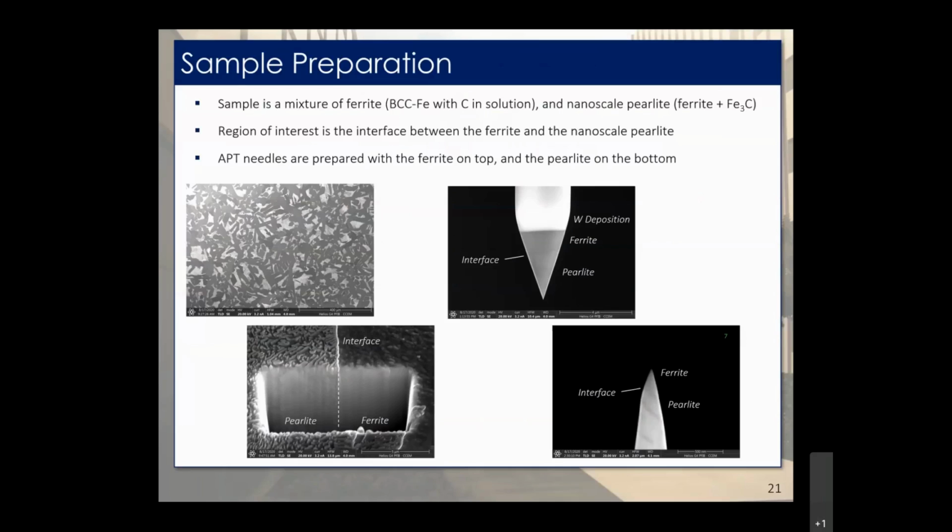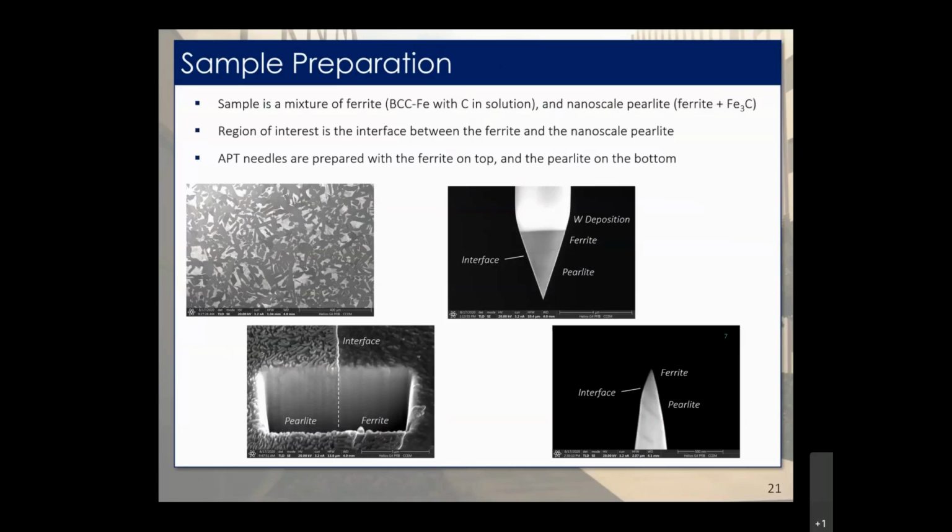So for this sample, this is a sample that's a mixture of ferrite, which is BCC iron with some solution elements, and nanoscale pearlite. And pearlite is a mixture of ferrite and iron carbide, Fe3C, or cementite. And what we want to do in this sample is look at the interface between the ferrite and the nanoscale pearlite, especially at those carbides.